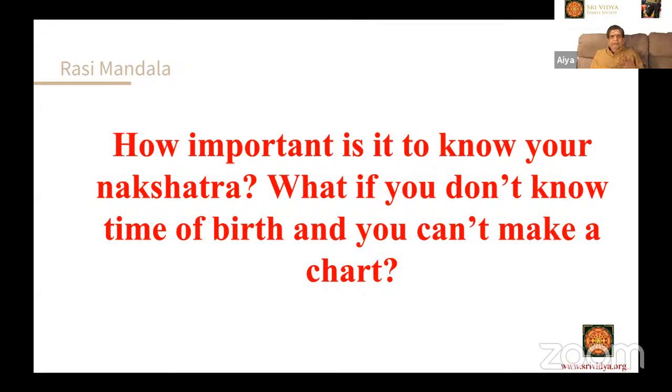Some people think the appearance of the head is the time of birth. Some people think that complete separation from the mother's body is the time of birth. What happens in a cesarean section? So these questions are there. Whatever it is, I think total separation from the mother's body is the time of birth.